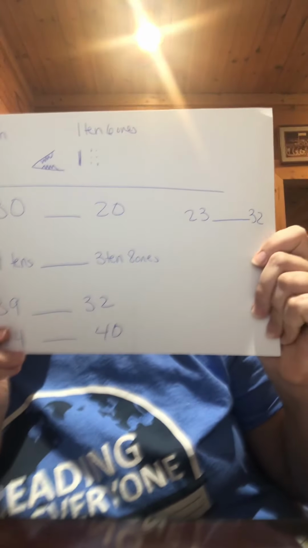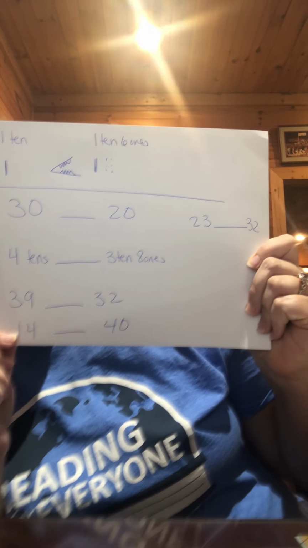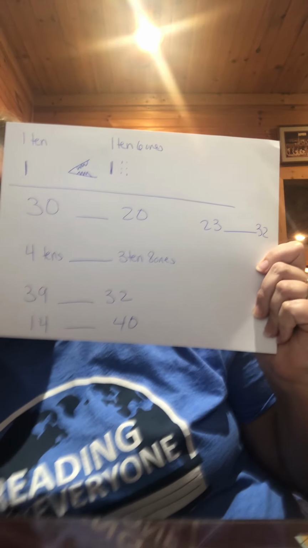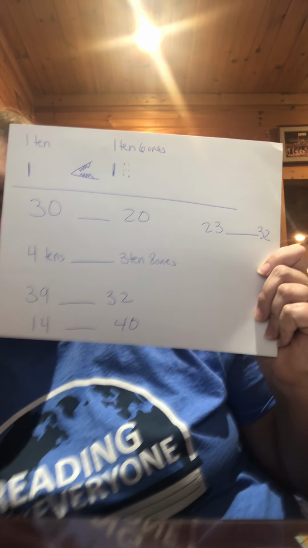And one more. 23 and 32. All right, so these are yours that you need to take a picture of. You can screenshot this. You can pause the video so you can write them down. And make sure that you draw the alligator mouth, okay? And remember to use greater than and less than every time, all right?